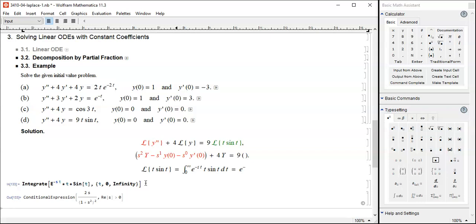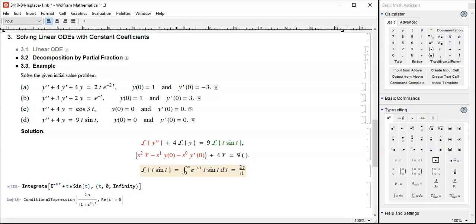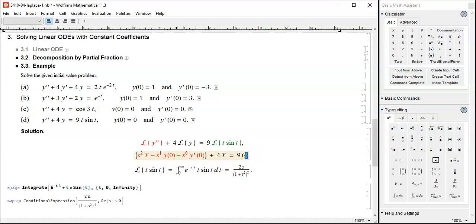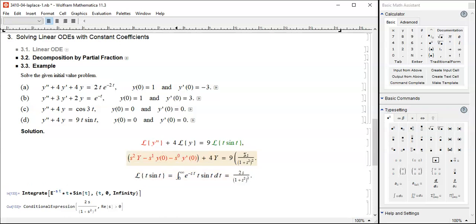I'm getting 2s over 1 plus s squared, squared. So that's what I have over here. This is the green part.